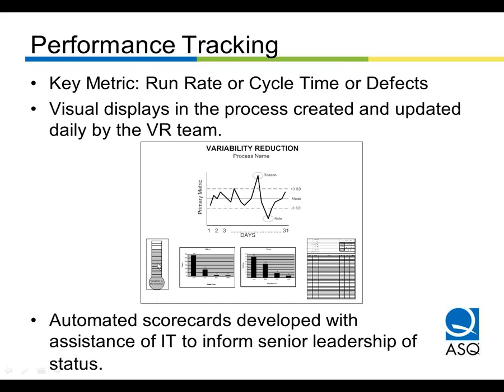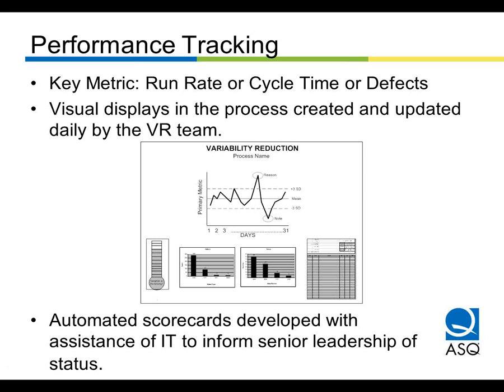They had a thermometer that showed where they were in the implementation of variation reduction, and they also posted their action register so that this could all be visible to everyone on the team at all times, as well as anyone that supported them or anyone that walked in and out of the area.